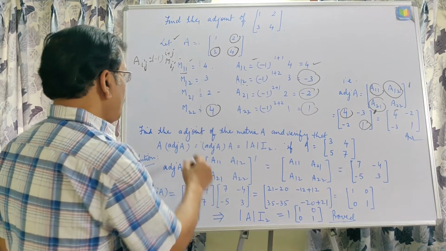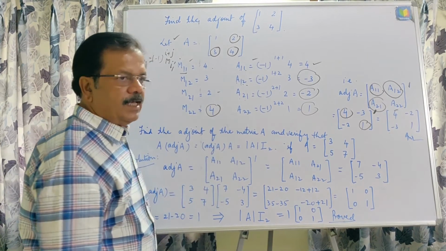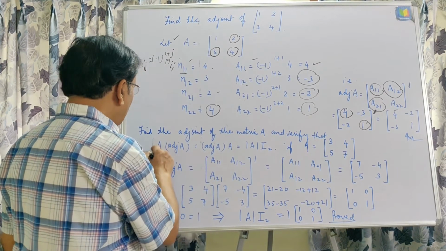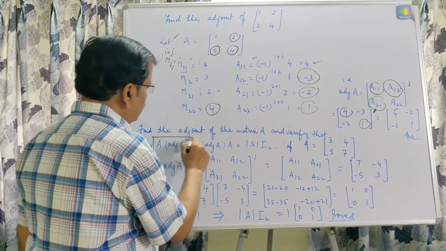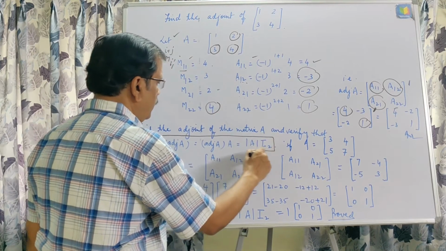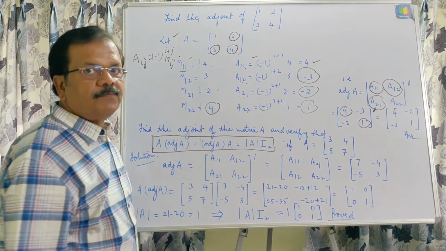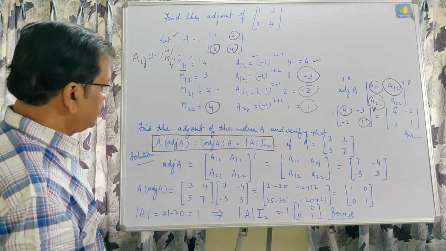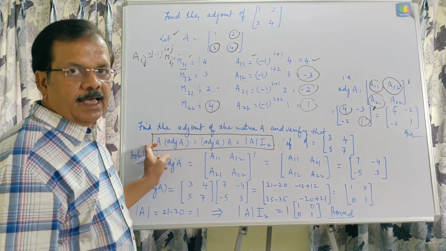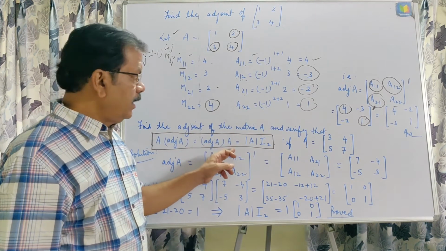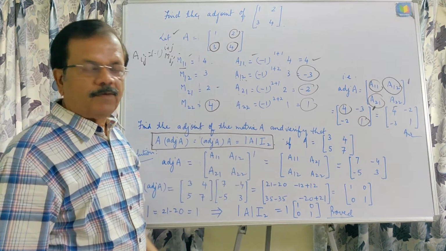In the same way, find the adjoint of the matrix A and verify this result. Actually, this is a very important theorem in case of the adjoint of a matrix. That is, if we are given any matrix A, then A times adjoint of A is equal to determinant of A times I2.